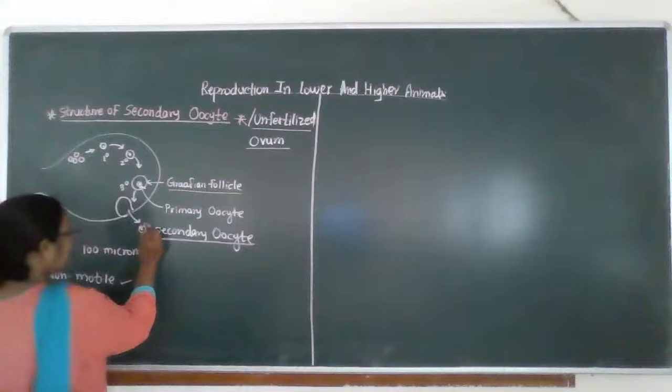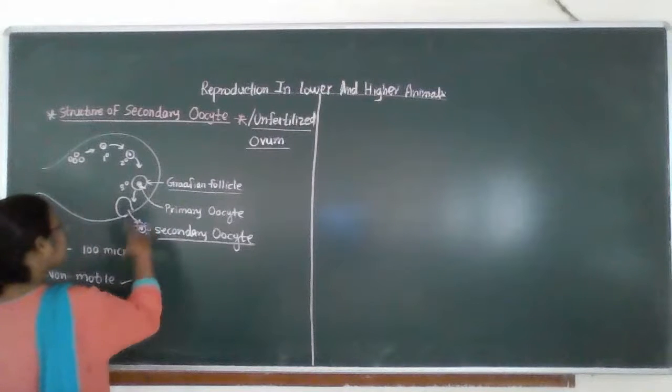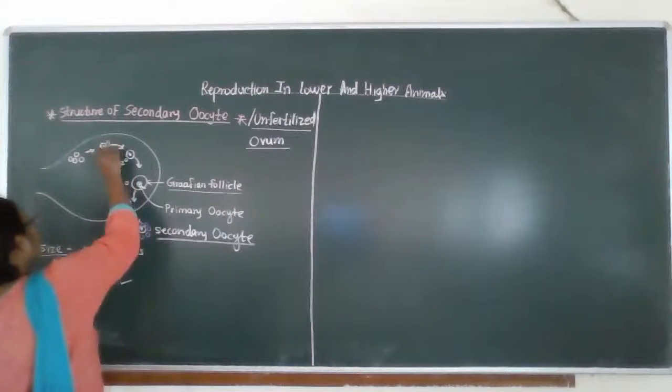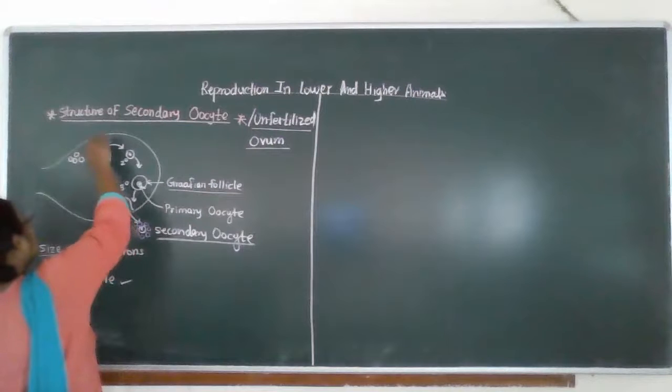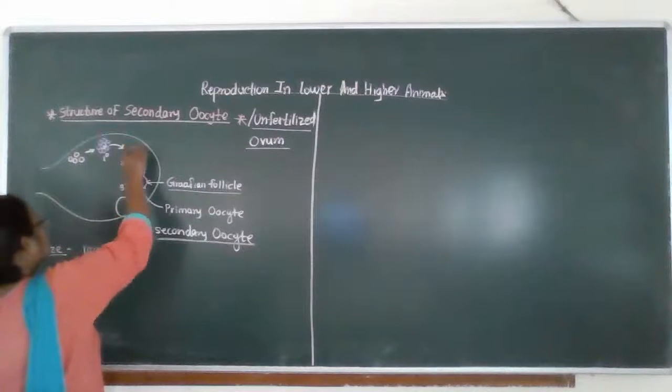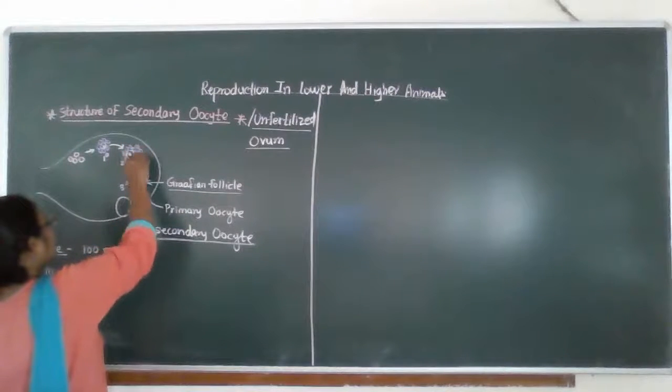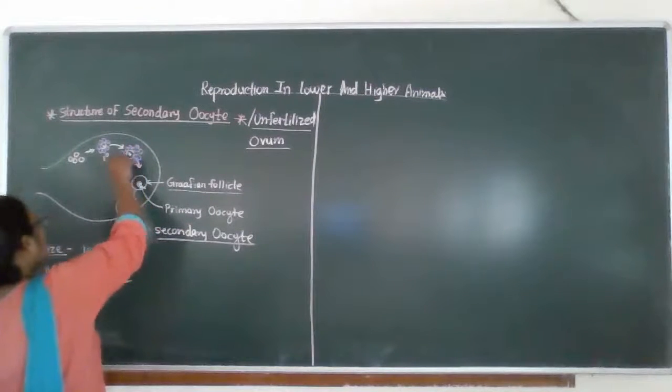It is surrounded by cells which previously were called follicular cells, then granulosa cells, and these are converted into the corona radiata layer.